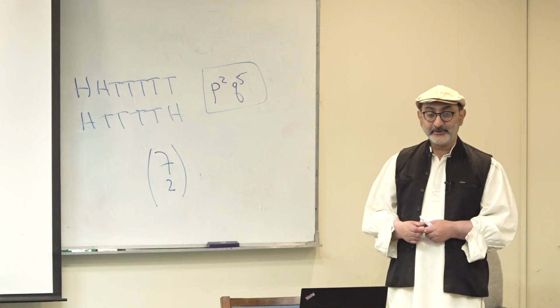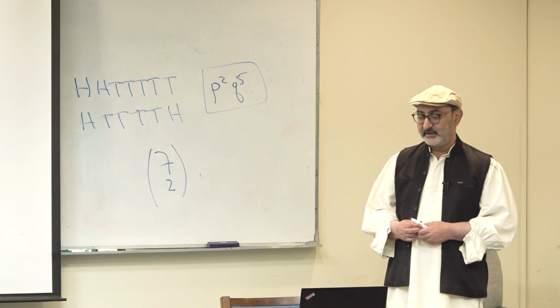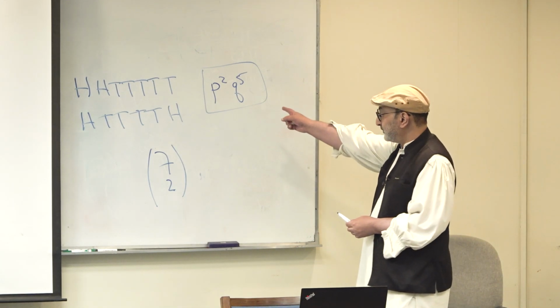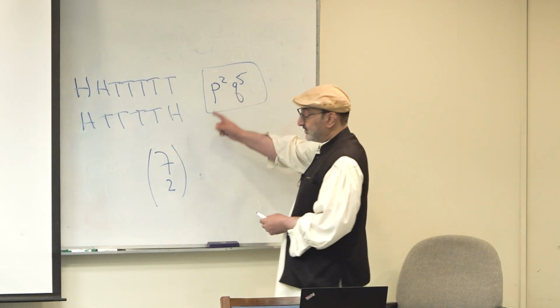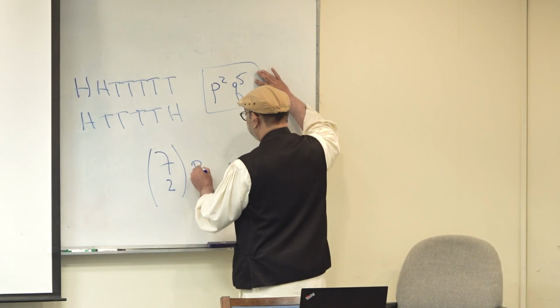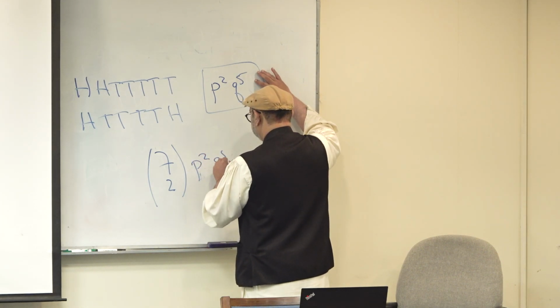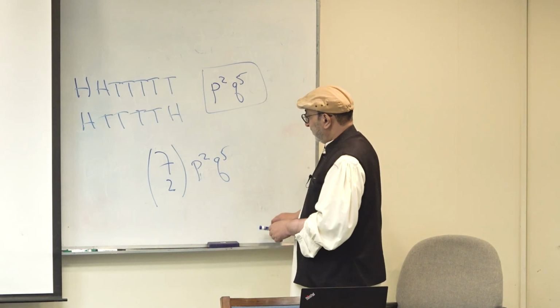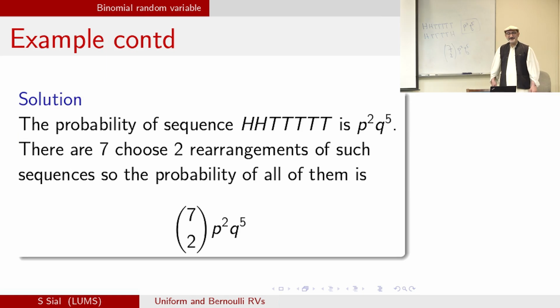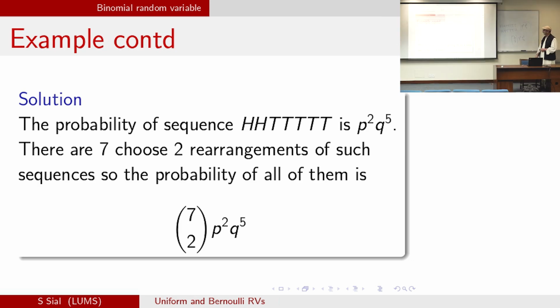That probability is 7 choose 2 times the probability of each one of those sequences. This many sequences times the common probability of all of those sequences. So 7 choose 2, P squared, Q to the 5. 2 data points and we're starting to see a pattern. This may be a bit optimistic, but yeah.